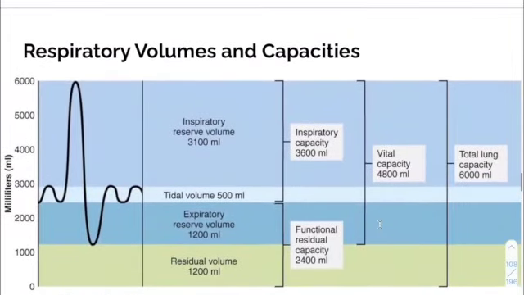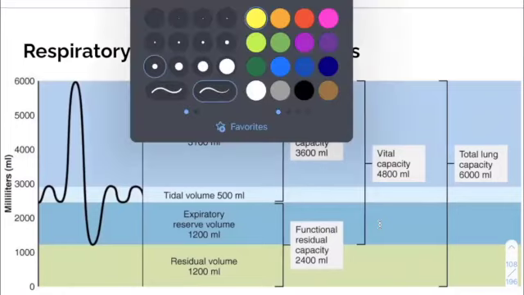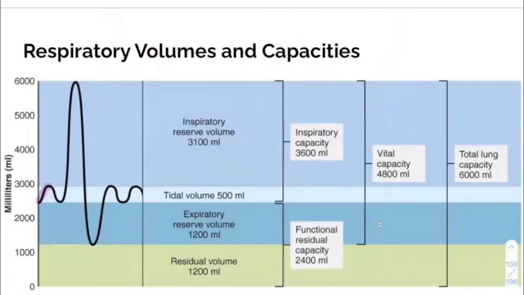So here is a graph that shows some of this. Our normal tidal volume, just this area right through here. Our inspiratory reserve, how much air we can inhale, forcefully inhale.